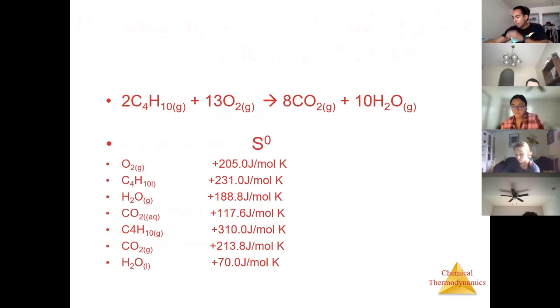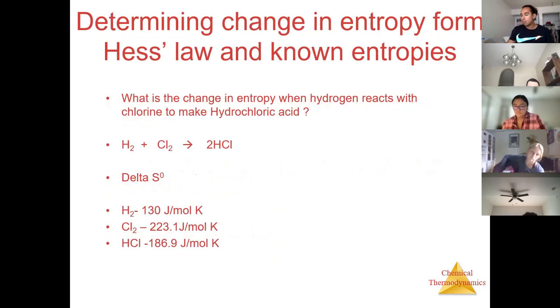So I look in the table and I find that hydrogen has an entropy of positive 130, chlorine has an entropy of positive 223, and HCl has a positive entropy of 186.9.